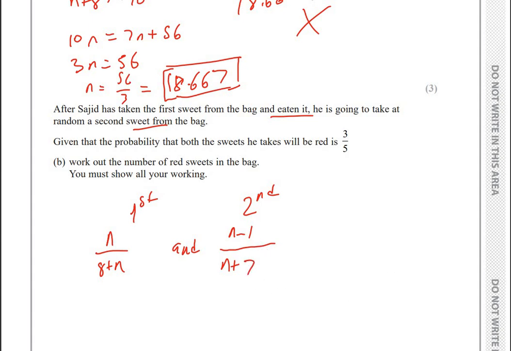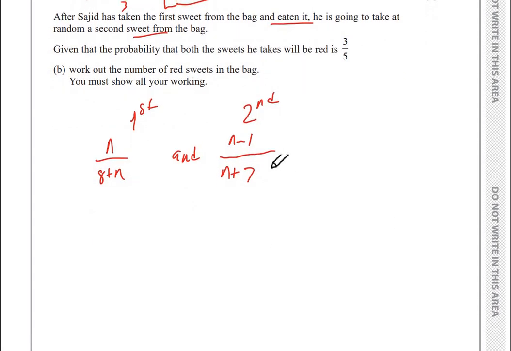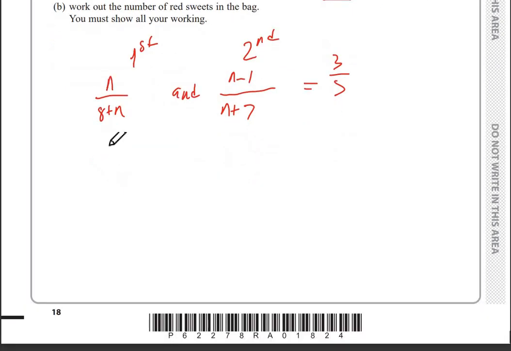Okay, and we're told that the probability that both the sweets he takes will be red is 3/5. So what we have is n over 8 plus n times n minus 1 over n plus 7 equals 3/5.